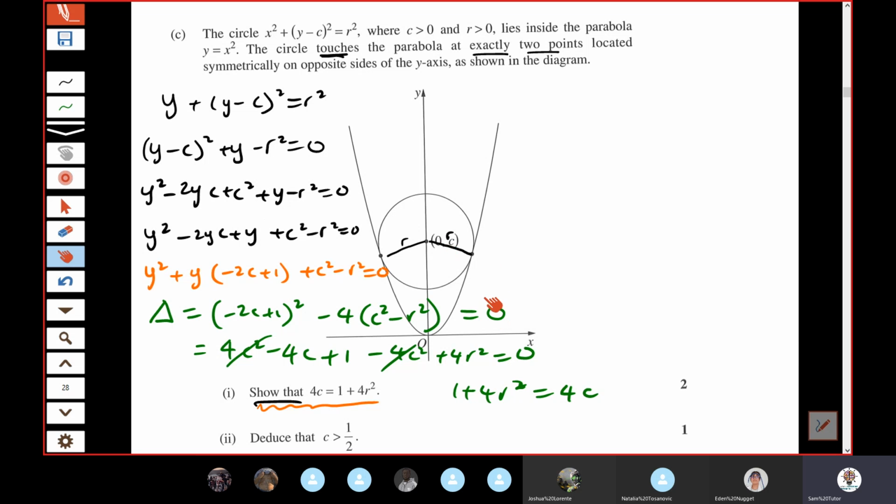Nope. Hold on. That's r. I had to take a guess. Okay. We know that from here to here it's r. I know that whole thing is c. Therefore, that's r. They're symmetrical.